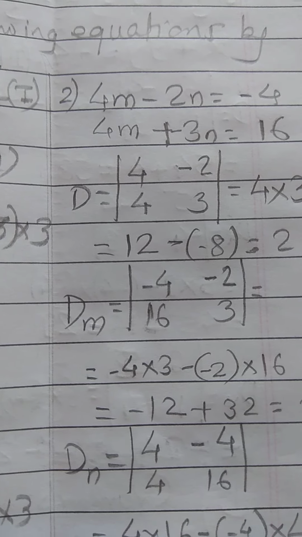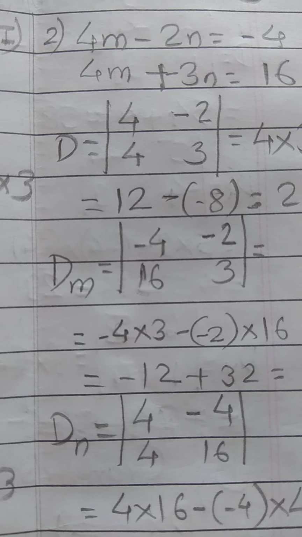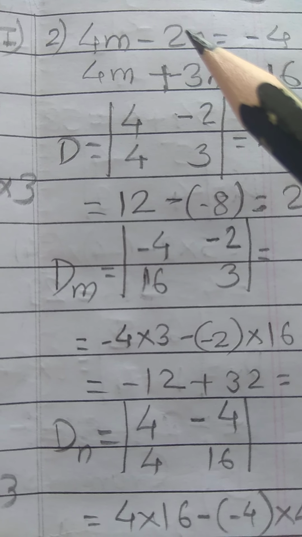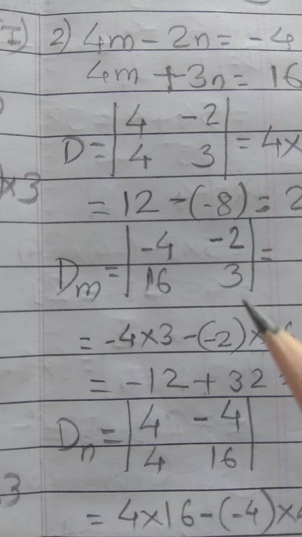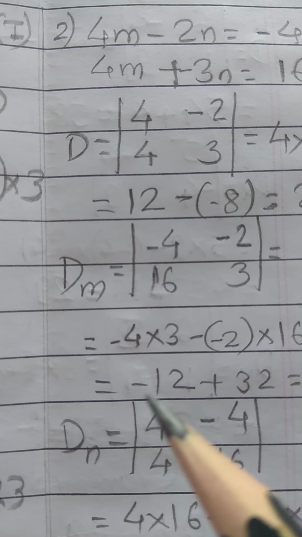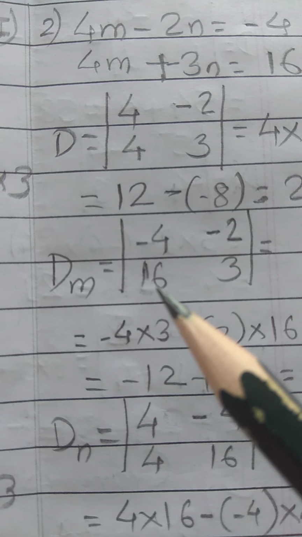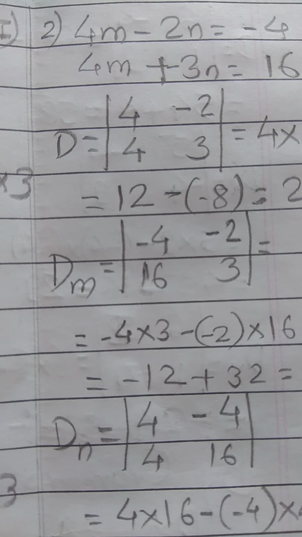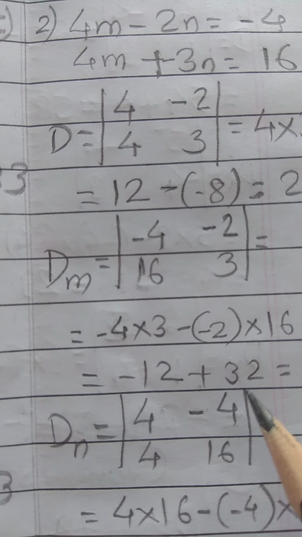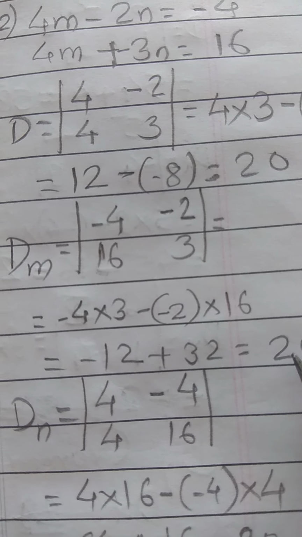For getting dm, we will write constants first without writing coefficients of m, and then coefficients of n, minus 2, 3. So 4 into 3 is 12, minus 2 into 16 is minus 32. So minus minus 32 will become plus 32. Now this 32 minus 12 will become plus 20.